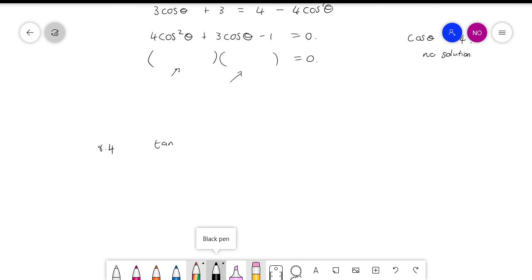8.4. Okay, there's more than one way to do this one. The one thing I want to draw your attention to is, remember that thing is a number. That is a number. So if you press 10 over 52 into your calculator, you will get an answer.